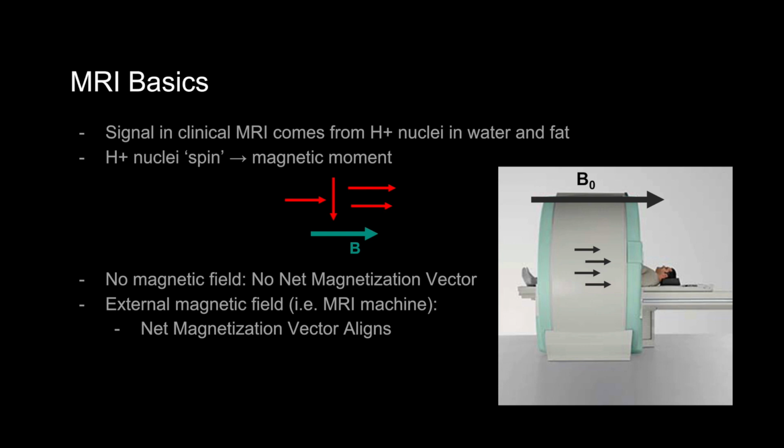The strength of the magnetic field in clinical MRI these days is most commonly 1.5 or 3 Tesla. And this diagram shows the magnetic moments of the individual hydrogen nuclei aligning with this field. Since the majority of them align, these add up to a net magnetization vector in the direction of the main magnetic field.